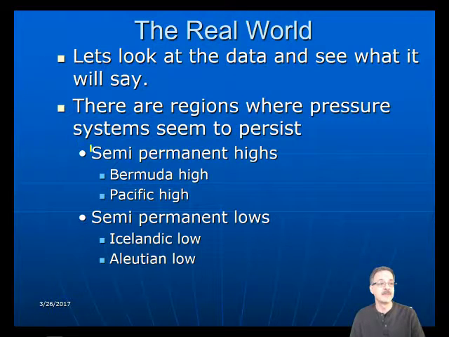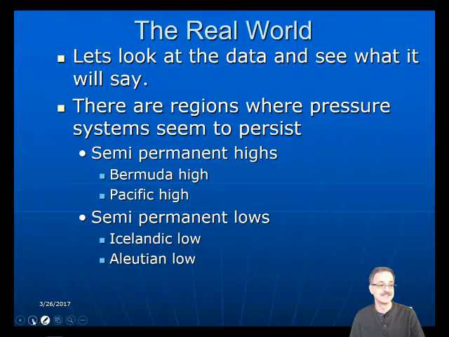We call them semi-permanent highs and semi-permanent lows. The highs tend to occur more in the tropical regions where there's warmer weather. So you get this Bermuda high or Pacific high. And the lows seem to be permanent in the colder regions. So you get this Atlantic low or Aleutian low.